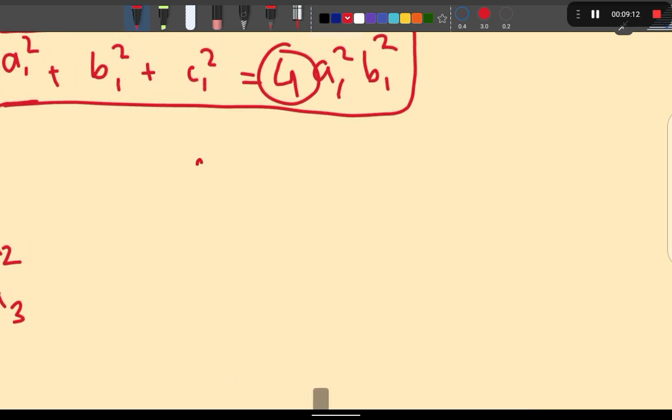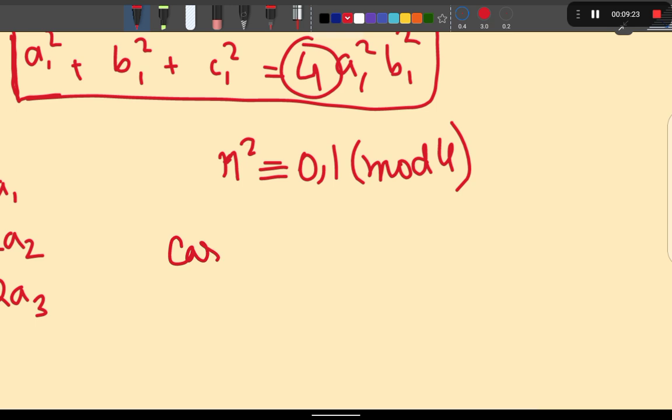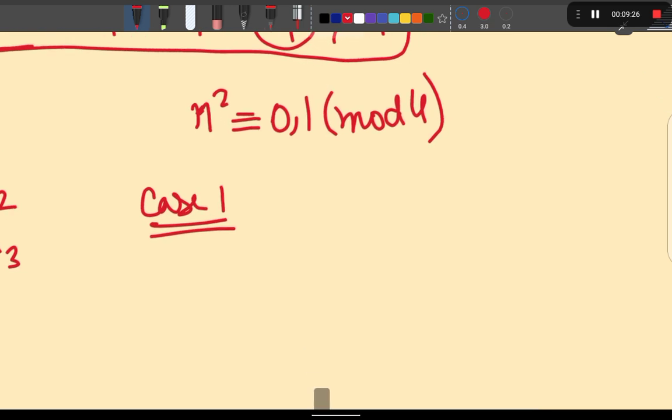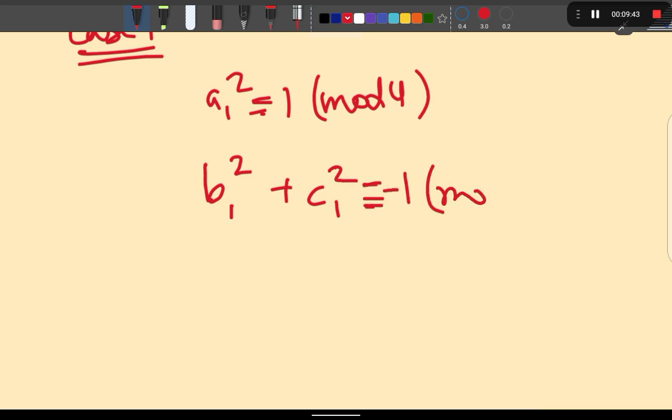Now again, we know n square is congruent to 0 or 1 mod 4, right? So we can just put it again like case 1. We have a1 square congruent to 1 mod 4. If a1 square is congruent to 1 mod 4, then b1 square plus c1 square is congruent to minus 1 mod 4.